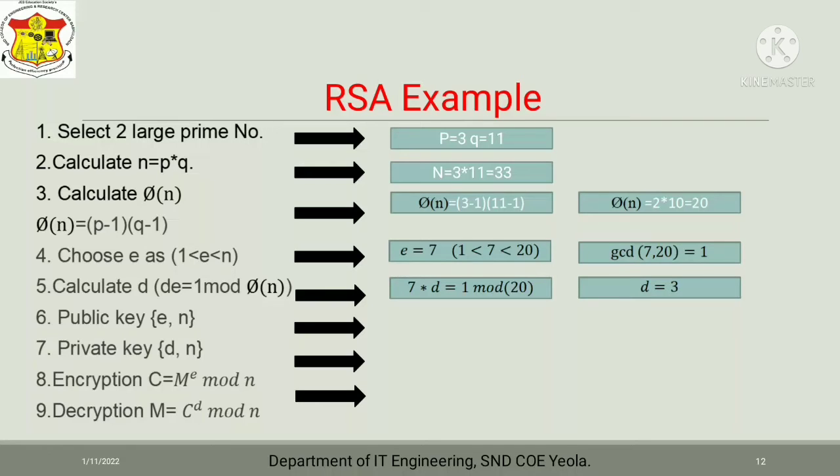Put in all the values and calculate the value of d, that is d is equal to 3. Now the public key is 7,33 and the private key is 3,33. Now calculate the value of the ciphertext. Put all the values in the given formula: C is equal to m raised to e mod n.